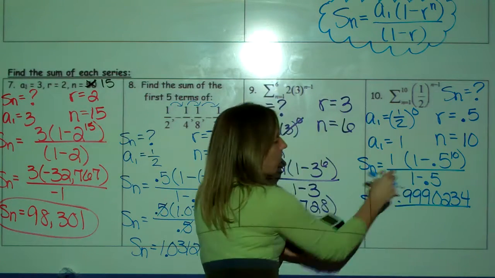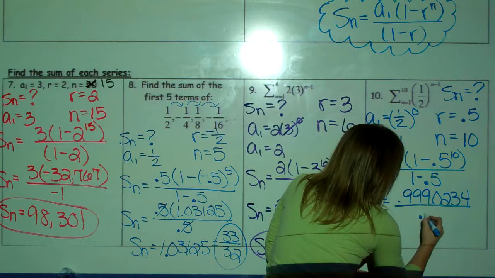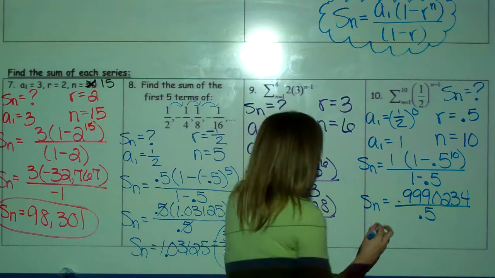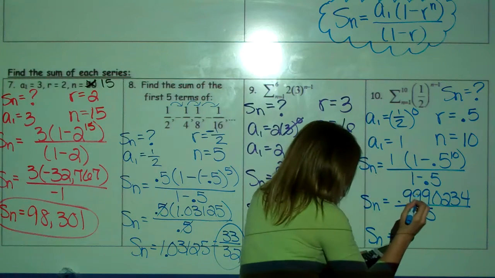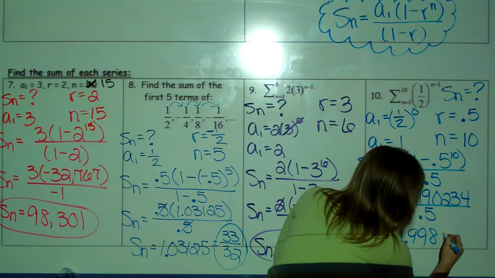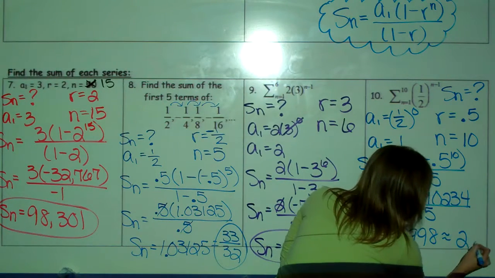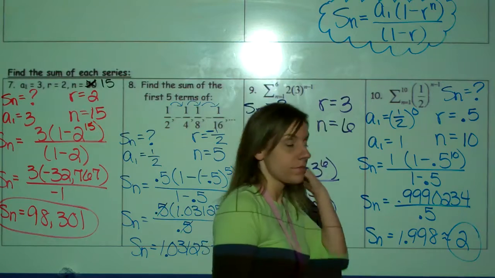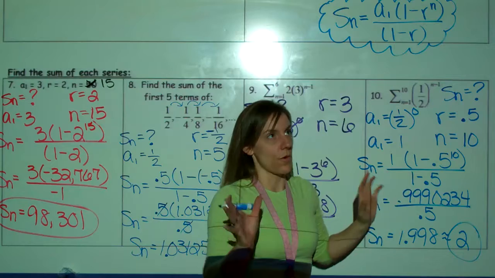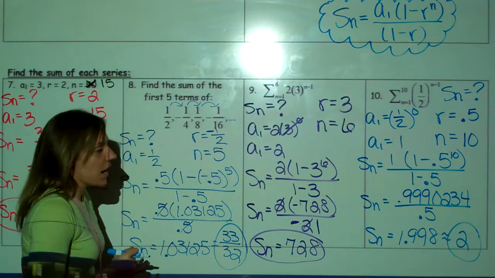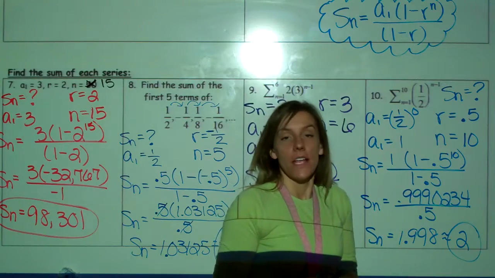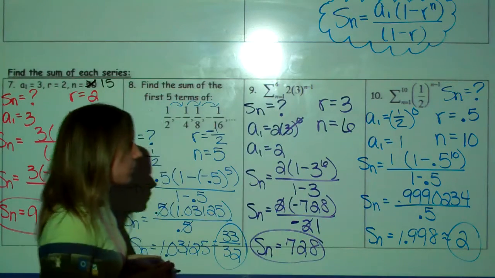All over 1 minus 0.5 is just 0.5. So if I divide that by 1/2, it's almost the number 2. It's 1.998, which we could round up to the number 2. Because since we have fractions, it always kind of rounds things a little bit, kind of like this one. And so if we were to take 1/2 to the 10th power, it would probably work it out a little bit more accurately for us, okay?